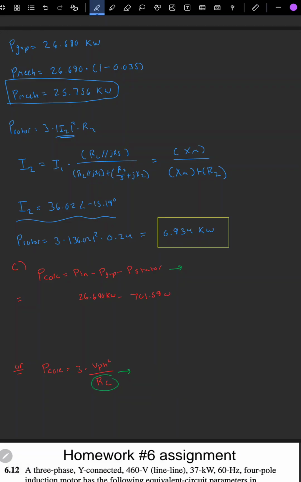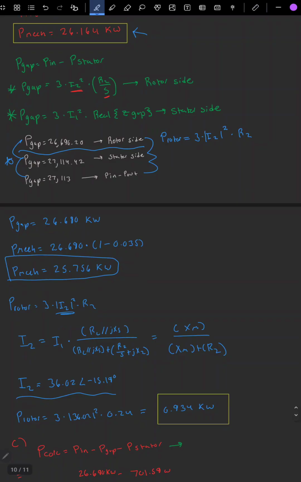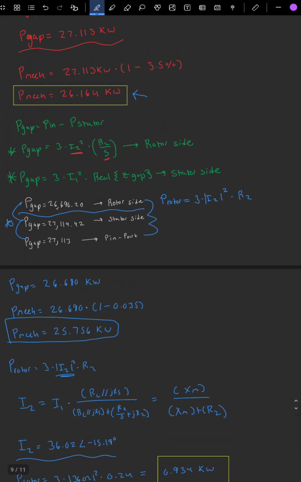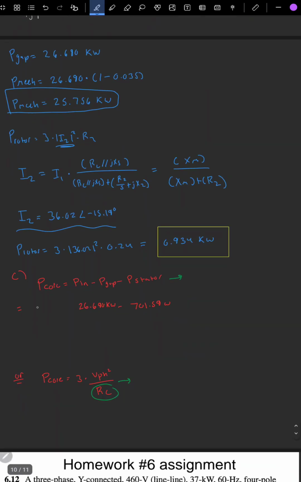This is watts. And then our P in, which we found earlier, was 27.815. Basically, after you do the math, your P core this way is going to equal 423 watts.